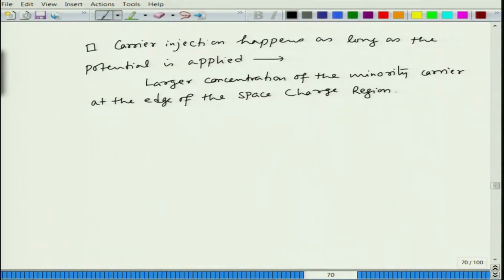And in the quasi neutral region, where there is no field, that means the field is equal to 0, there will be no drift current.